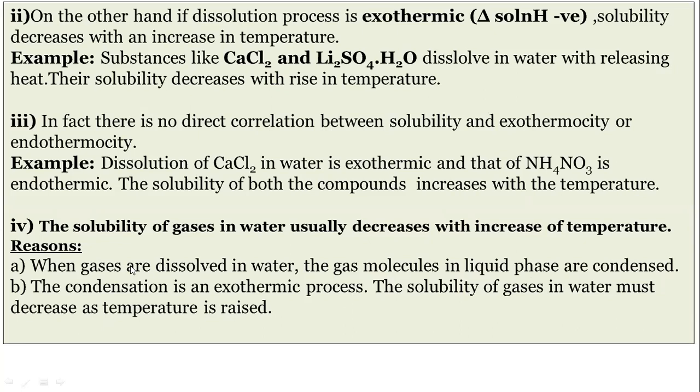I will explain. See. So when the gases are dissolved in water, the gas molecules in liquid phase are condensed. Means when the temperature is increased, the solubility is decreased because the gaseous molecules also escape from the water or from the solvent. So the condensation is an exothermic process.